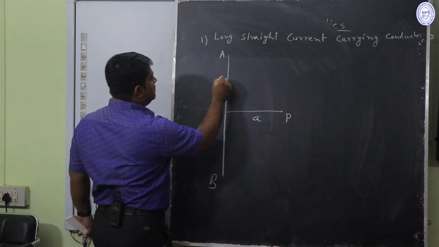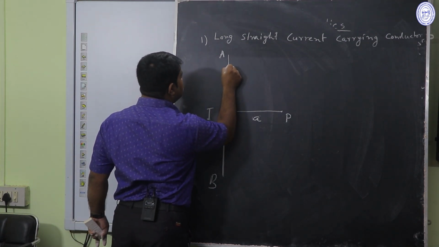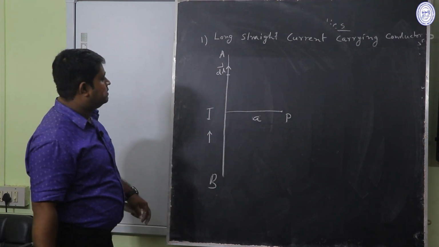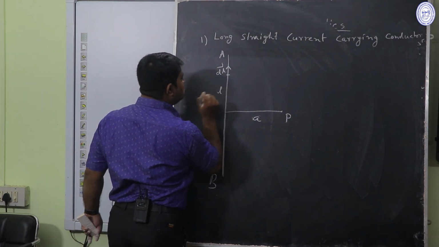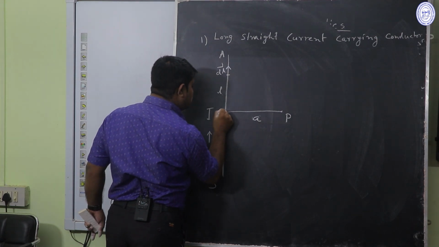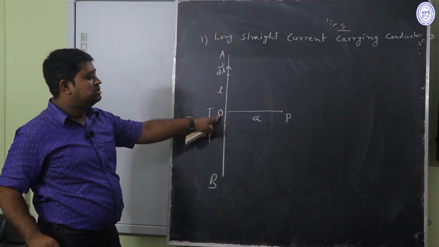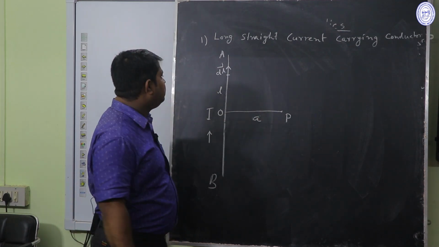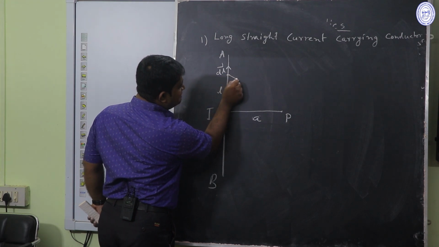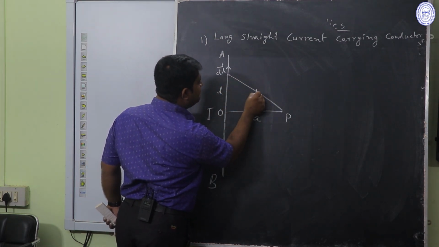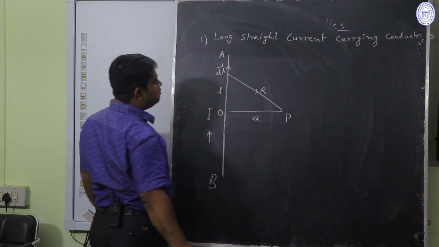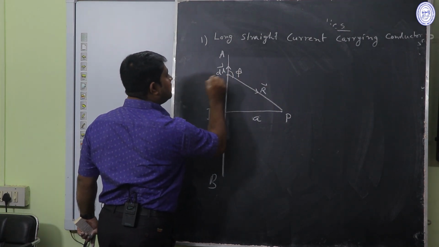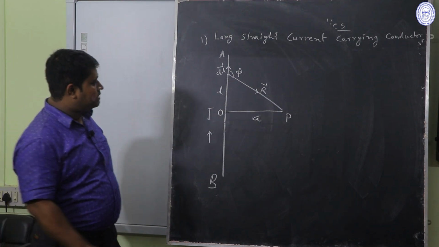We consider an elementary length dl at a distance L from the origin O. Origin, or this point, is the foot of the perpendicular from the point P. Now, this is capital R. Suppose the angle between R and dl is phi. This angle is theta.